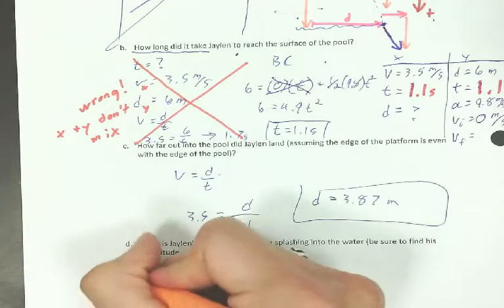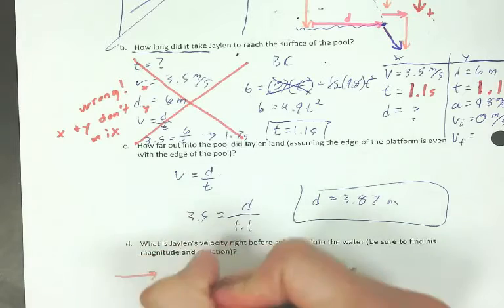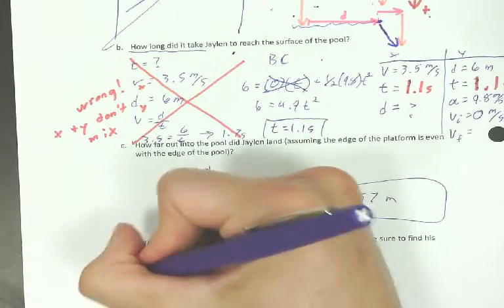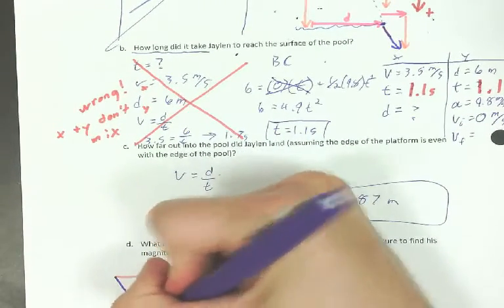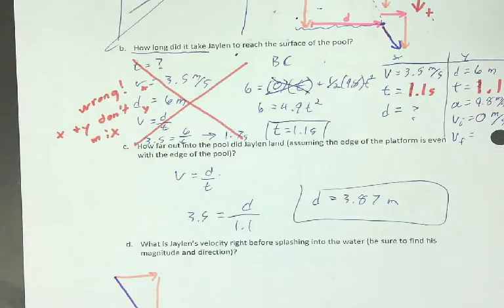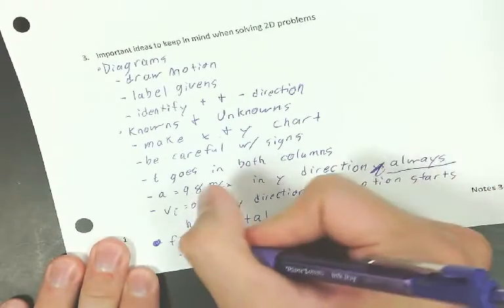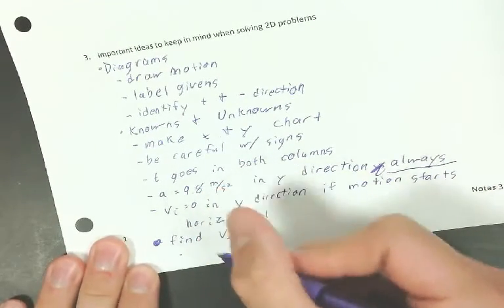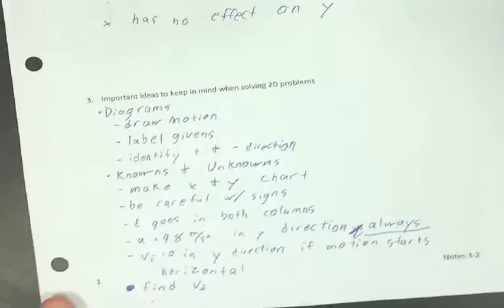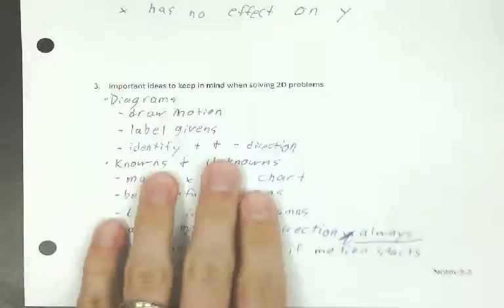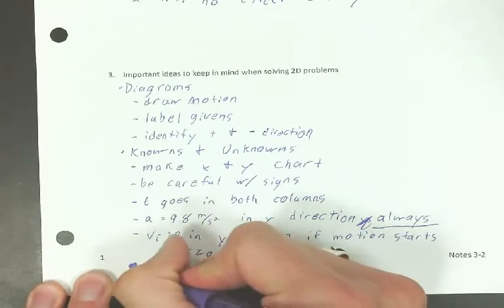So I have a forward velocity, a downward velocity, and then that resultant vector velocity. So the first thing I need to do when I'm solving for v final is draw the vector triangle.